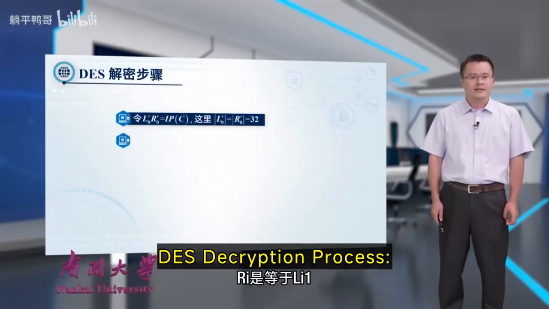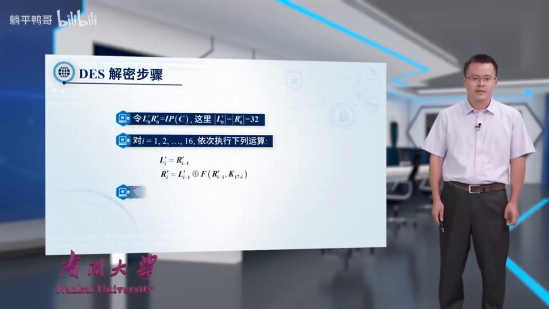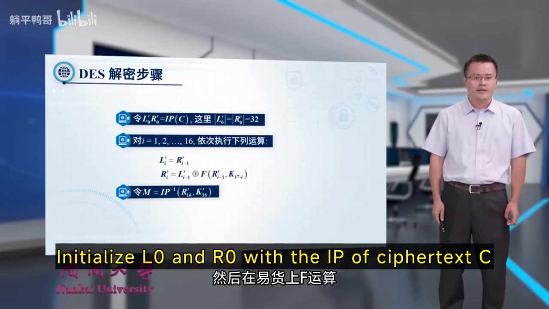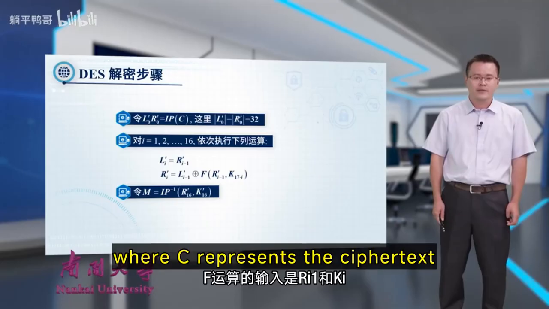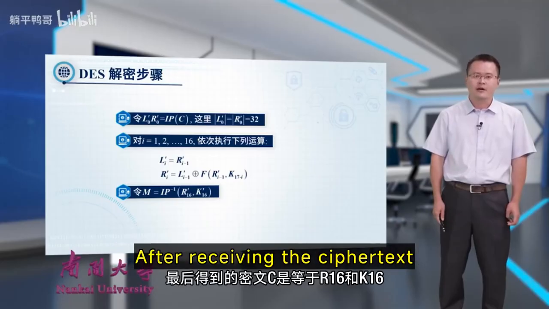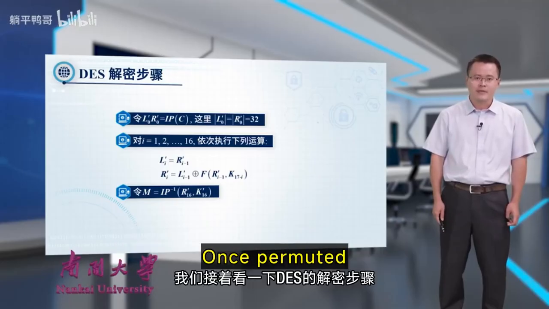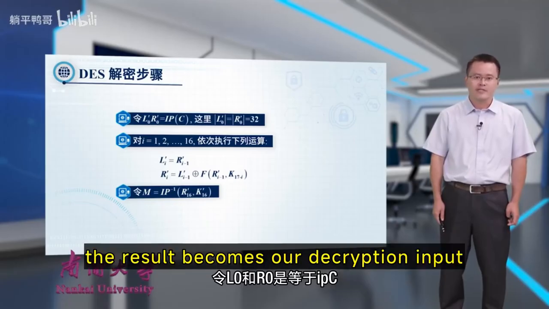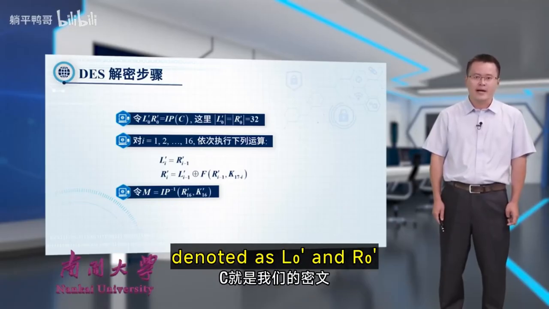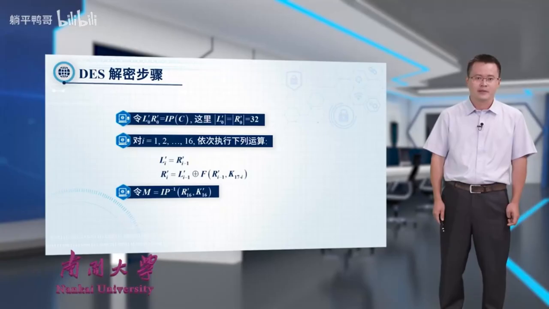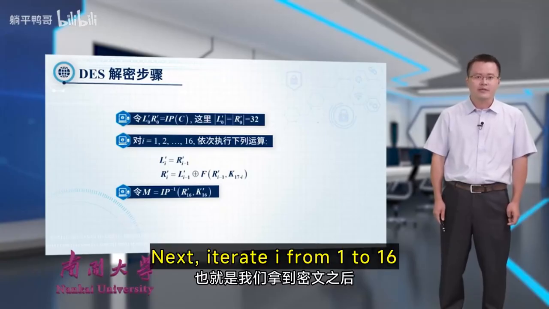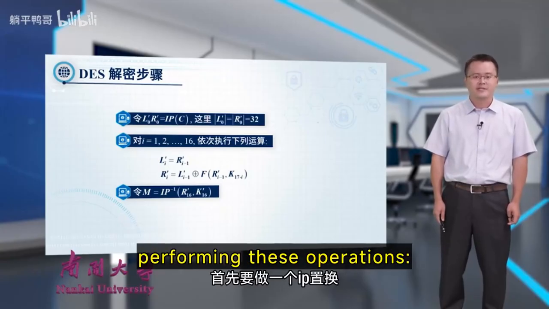DES decryption process. Initialize L0 and R0 with the IP of ciphertext C, where C represents the ciphertext. After receiving the ciphertext, first apply the initial permutation. Once permuted, the result becomes our decryption input, denoted as L and R. Next, iterate i from 1 to 16, performing these operations.